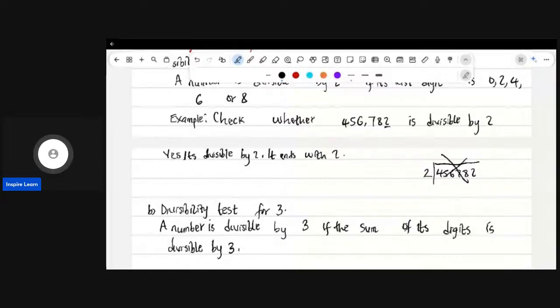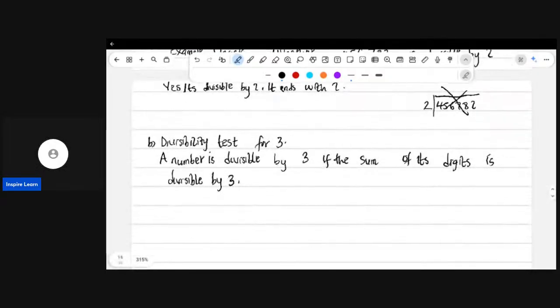So a number is divisible by 3 if the sum of its digits is divisible by 3.